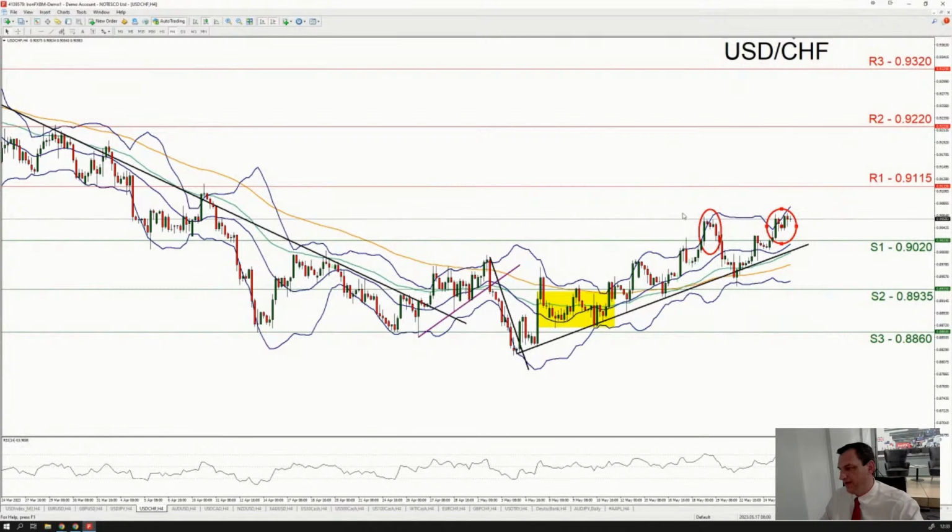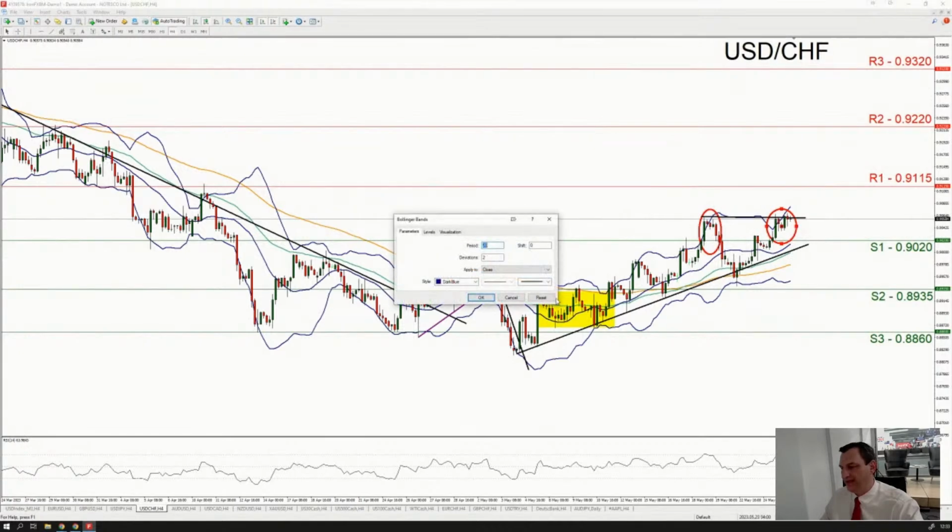Practically we have peaks at around the same level, very, very similar levels. So that may be the beginning of a double top formation here.